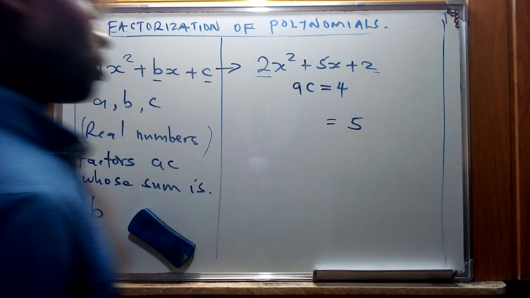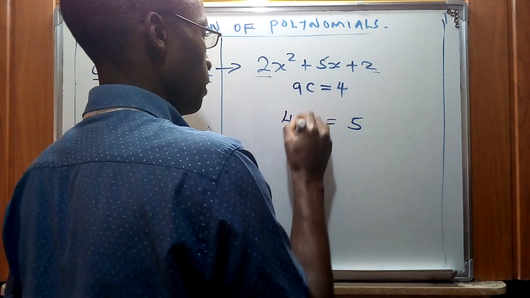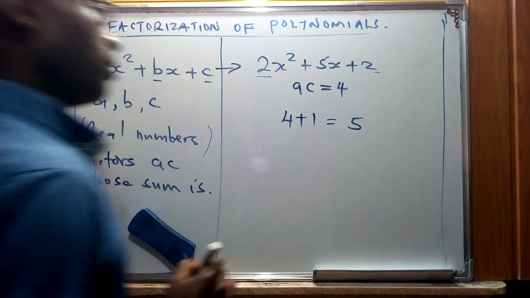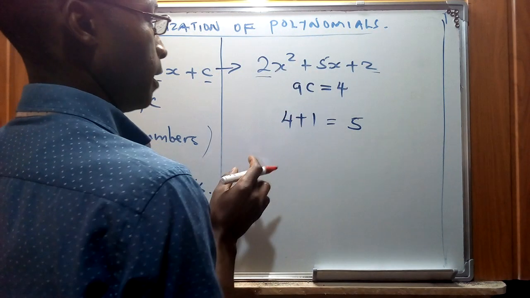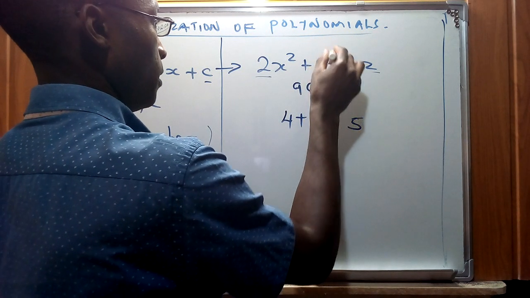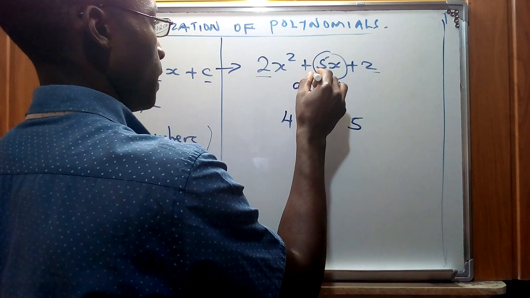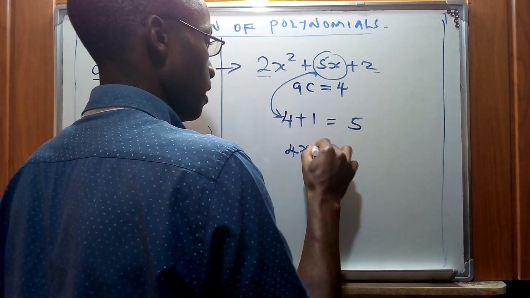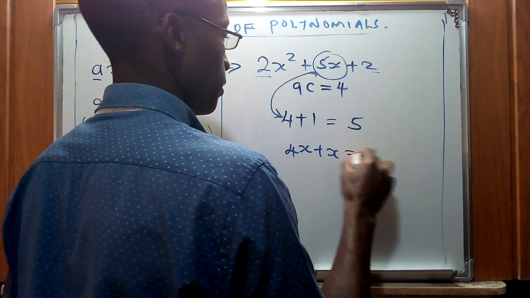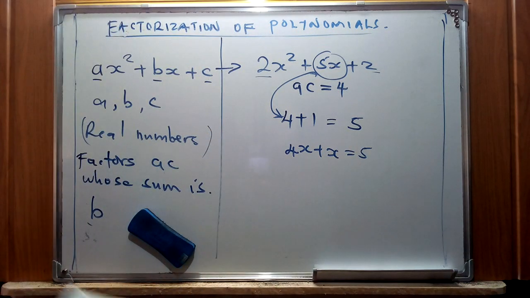So therefore we're going to see that that is going to entail 4 plus 1, which is going to give us 5. So if we give this specific second term as factors of this, it's going to be 4x plus x, which is going to give us 5x. So therefore we're going to just do a substitution for that and try to see how it works.